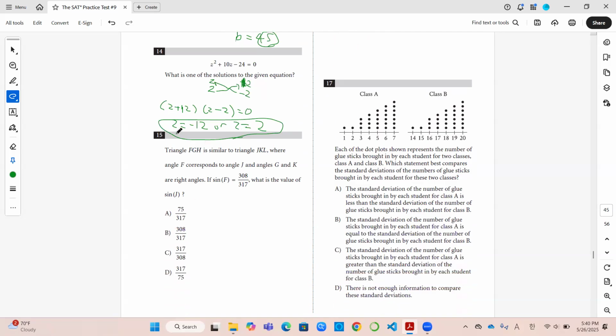Question number 15. Triangle FGH is similar to triangle JKL, where angle F corresponds to angle J and angles G and K are right angles. If sine F is 308 over 317, what is the value of sine J? Since we have a geometry problem here, I like to draw things out.